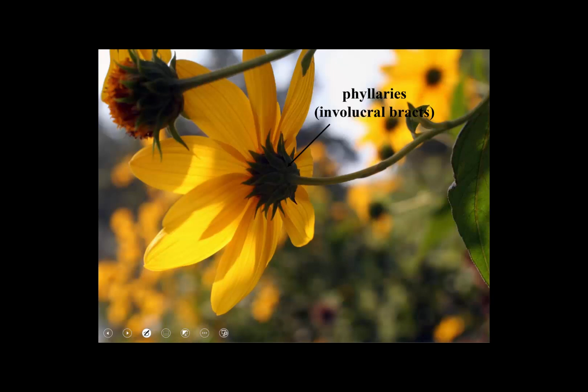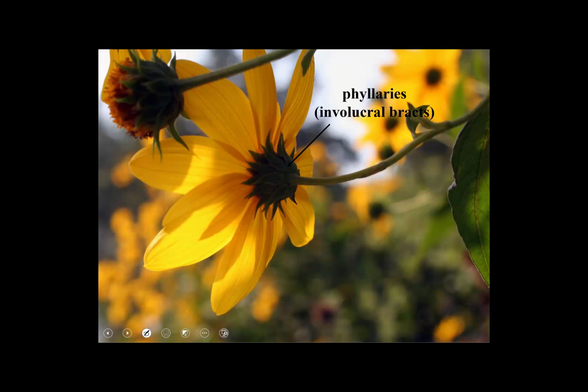On the undersurface of the inflorescence, remember a cluster of flowers is an inflorescence, and when there's a lot of flowers together, they're often subtended by leafy appendages called bracts. Involucral bracts that form like a rosette just beneath the flowers. We saw this in the Apiaceae, like Queen Anne's lace has really feathery involucral bracts.